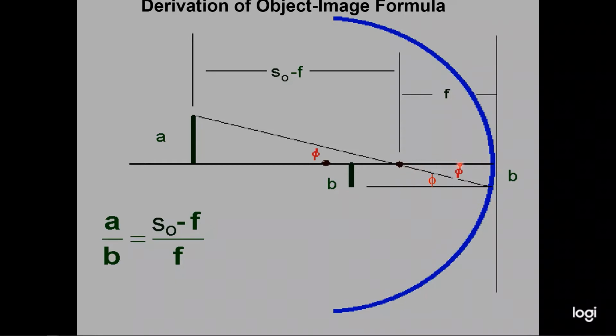This distance is f. This triangle is similar to the big one because you have the 90-degree angles in common and you have phi in common. That means the third angle has to be in common. Because the triangles are similar, we can say that A over B is the same as the ratio of this distance over that distance. So let's write that on the board.